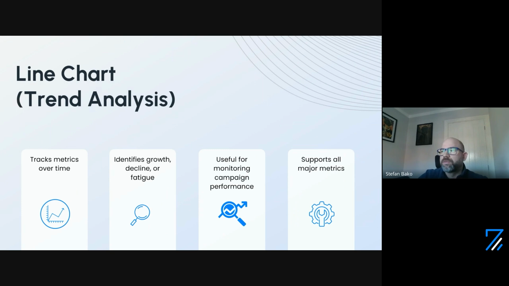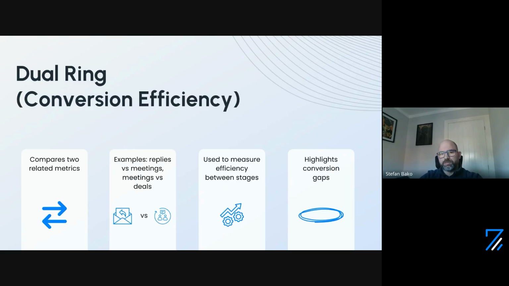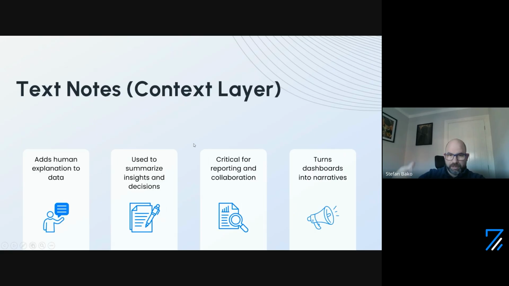Line charts will show you trends over time. And we have dual rings as well, showing relationships between metrics, especially conversion. And there's an optional, again, I'm going to showcase it immediately, text notes where you can add text. Especially it's relevant for agencies that have multiple seats. So each widget is not just visual, it's a different way of thinking about your data.